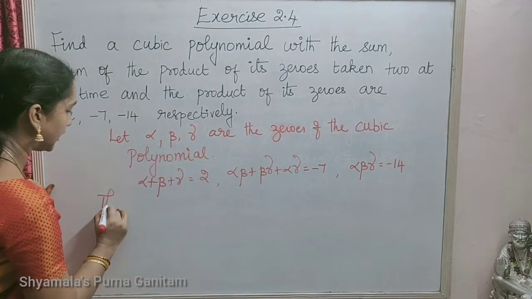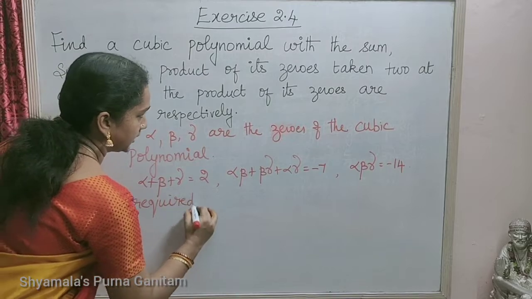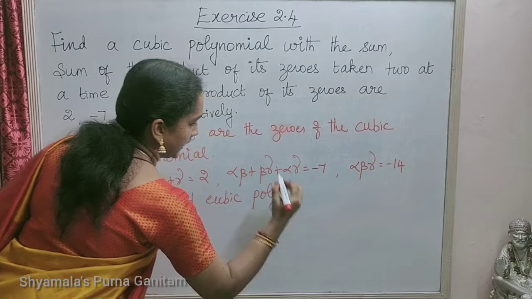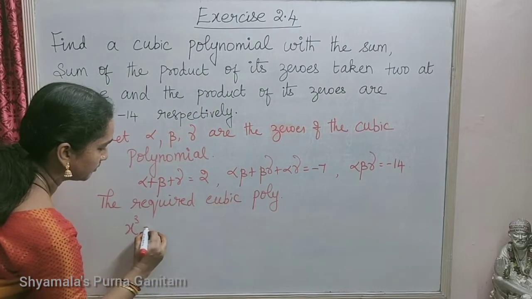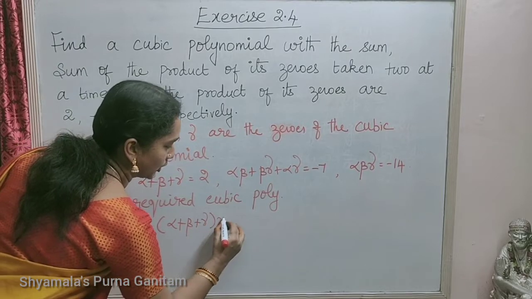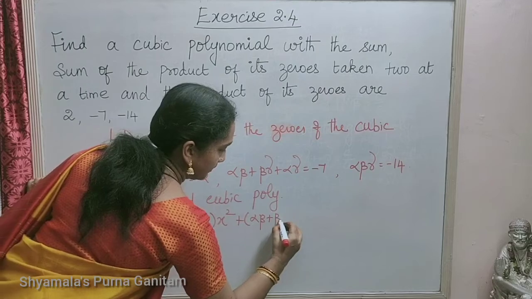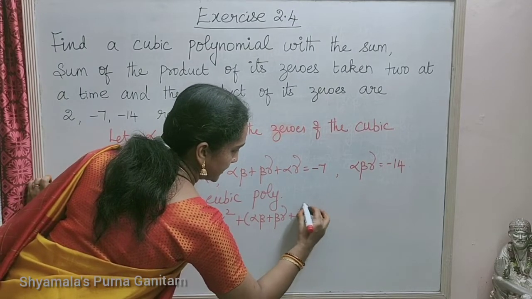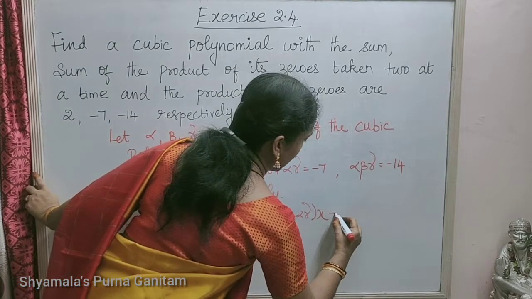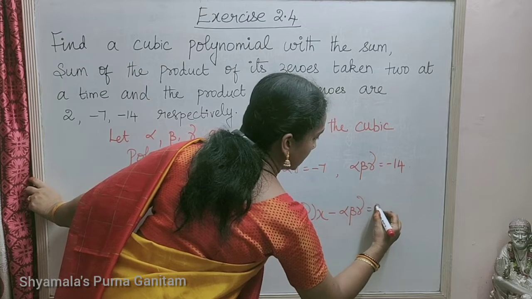So the required cubic polynomial is x cube minus alpha plus beta plus gamma times x squared plus alpha beta plus beta gamma plus alpha gamma times x minus alpha beta gamma is equal to 0.